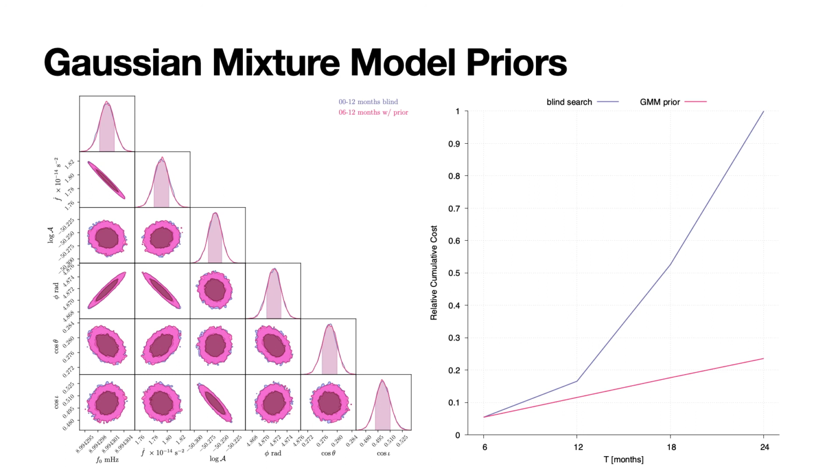After 2 years worth of observing, the difference in cost is fairly dramatic. So using the Gaussian mixture model prior is about 20% the cost of doing the full analysis. And as you can tell by the shape of that blind search curve, this is going to get worse as more and more data need to be analyzed. And so as we get deeper and deeper into the mission, using these priors becomes a bigger and bigger savings.